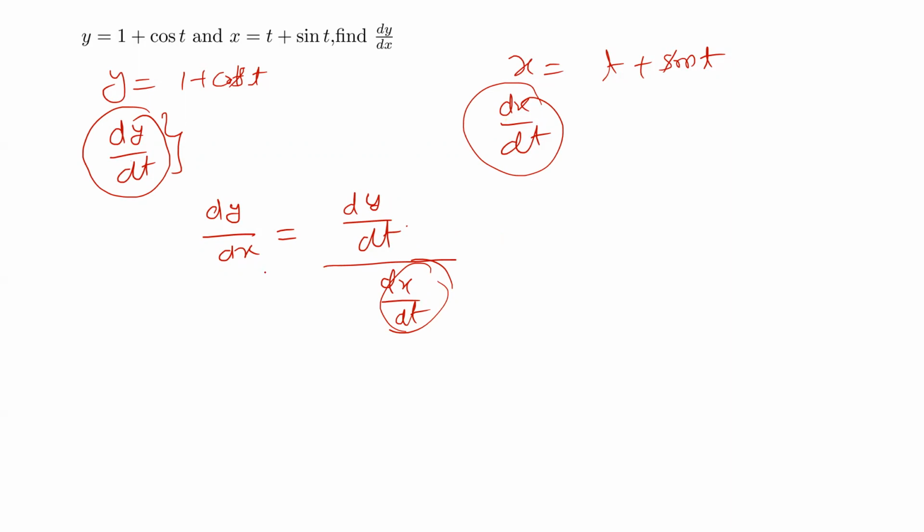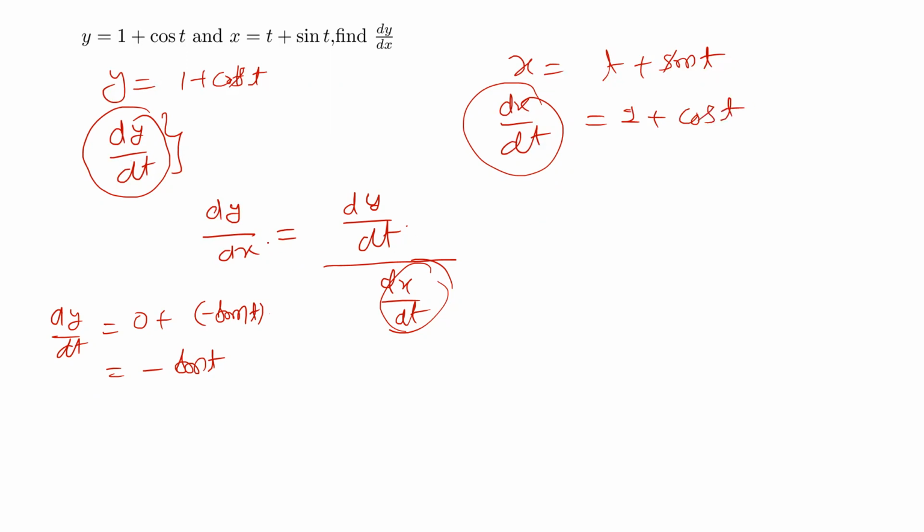Okay, so let us find dy/dt. Here 1 is a constant term, so its derivative is 0, plus cos t gives minus sin t. So here it is minus sin t. Same thing for dx/dt: t gives 1, plus cos t.